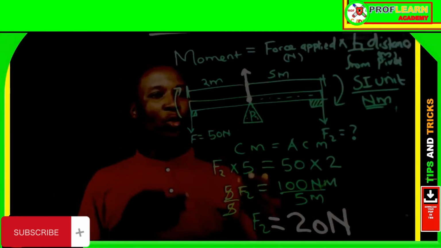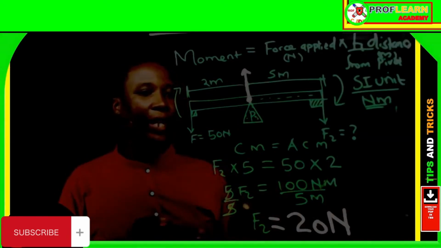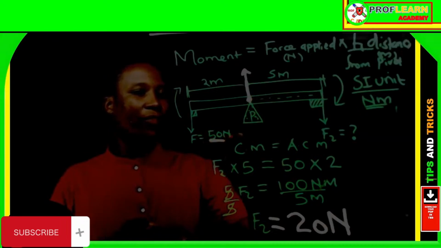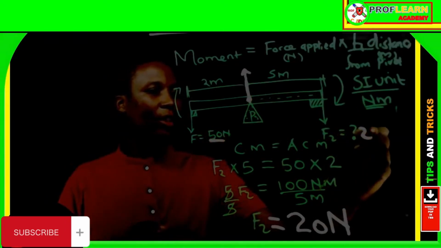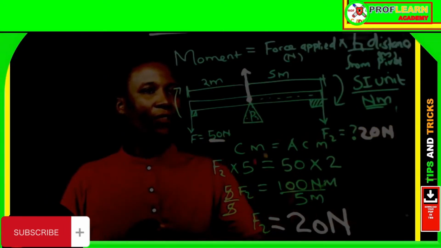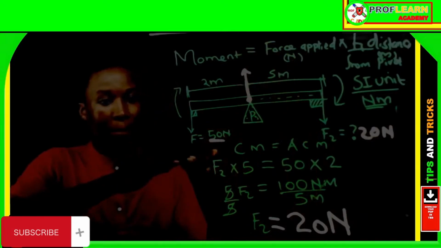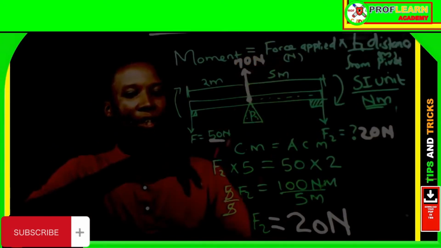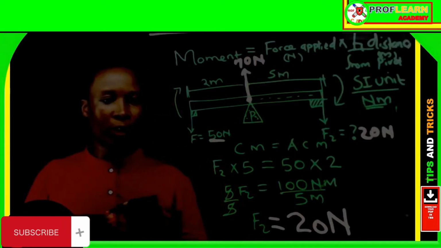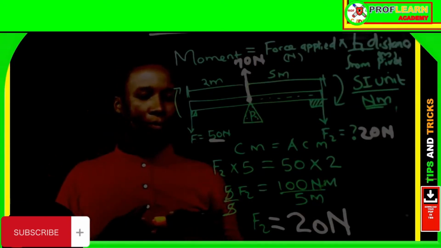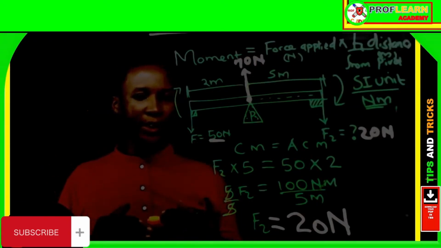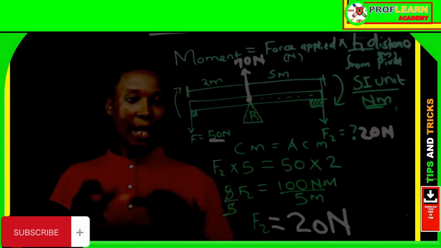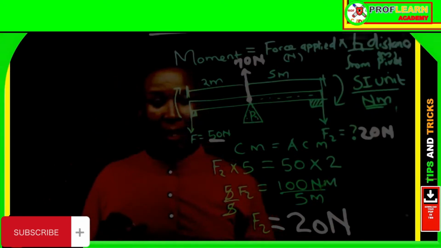If you are asked to state the amount of that force, you are going to say it will be this 50 plus this 20 Newton. It will be 70. So the reaction force from the pivot on the beam is going to be a force of 70 Newton. And this is from the concept that downward forces should be equal to upward forces. I believe you've understood up to that point.